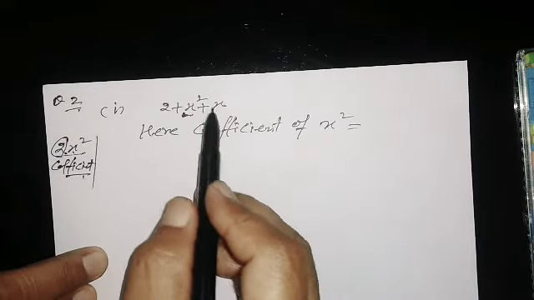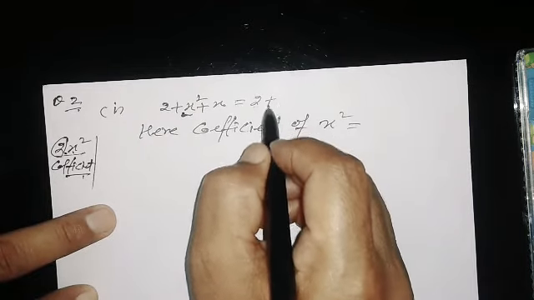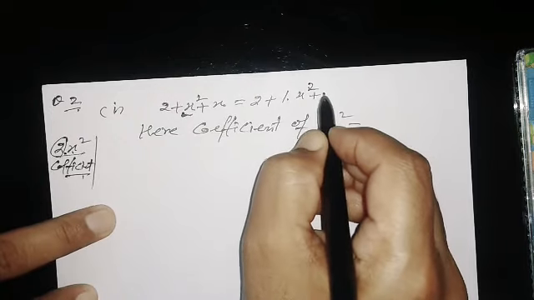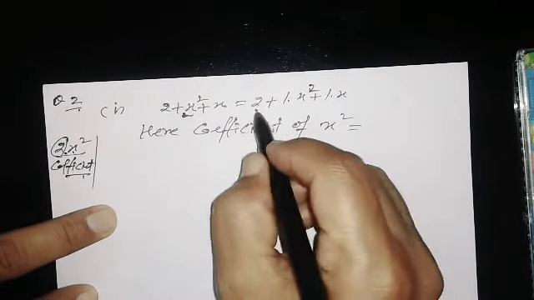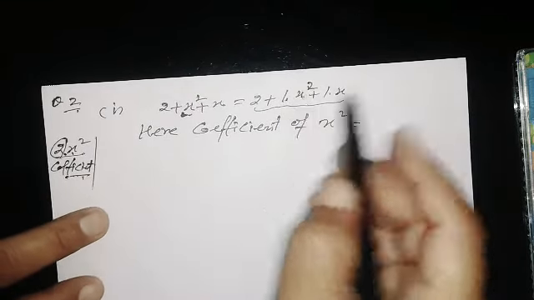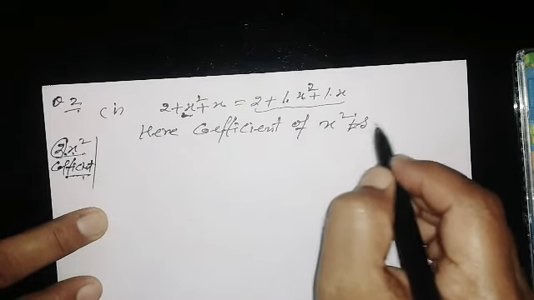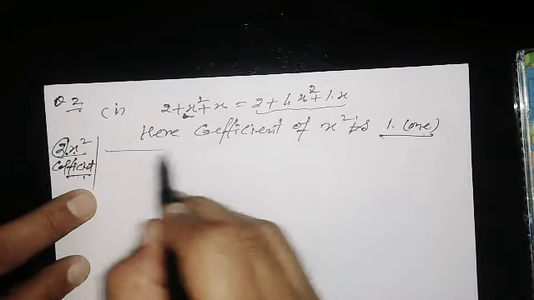So every term you can write as 1 into it, because if we multiply a value by 1, then the value does not change. So here the coefficient of x square is 1. Okay, this is the answer.